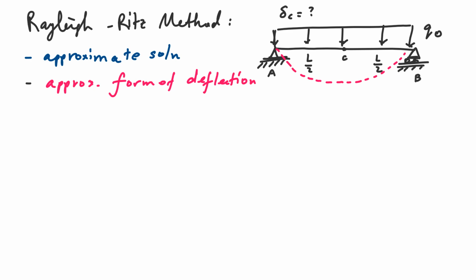Well, since this thing is going to be parabolic, we can approximate the form of the deflection. Let's call the deflection delta as a function of x. We can approximate it as some kind of, well, I don't know, c0 plus c1 times x plus c2 times x squared. You see, we're approximating this function, and we have three unknown constants, c0, c1, and c2.